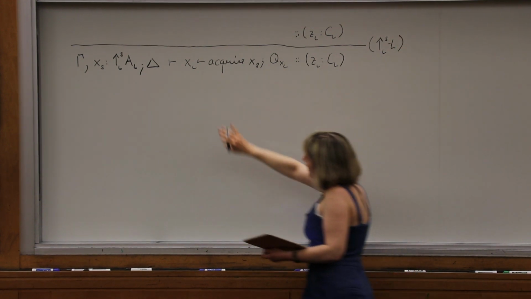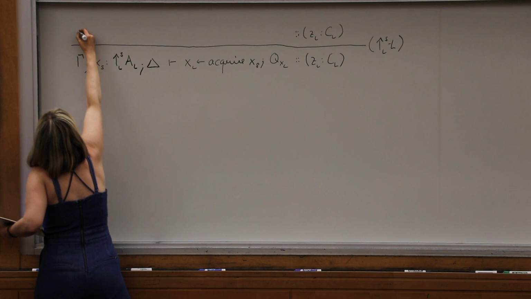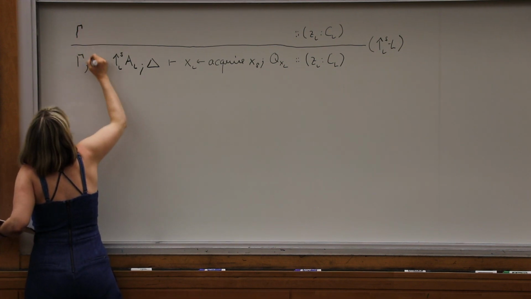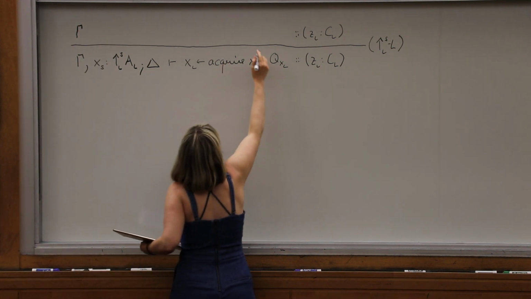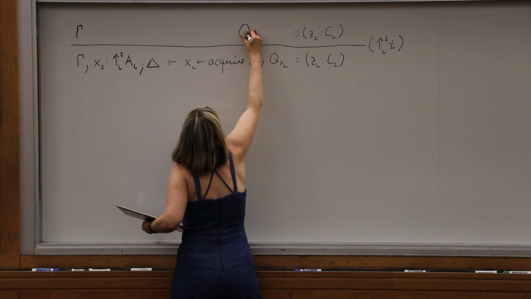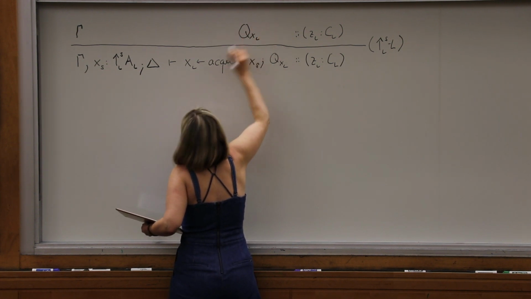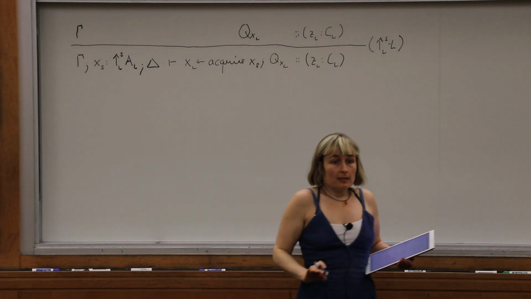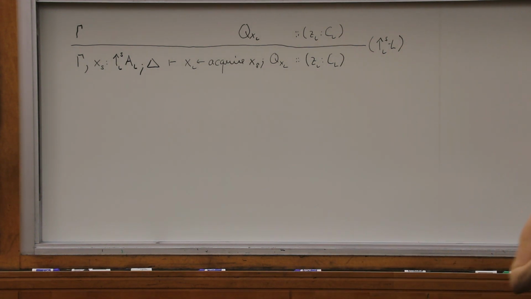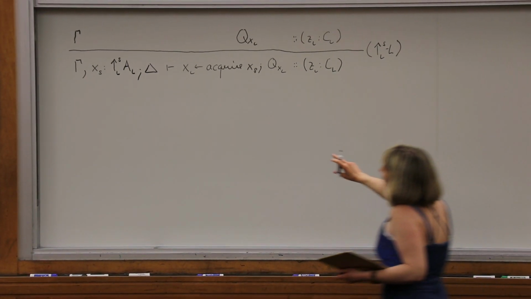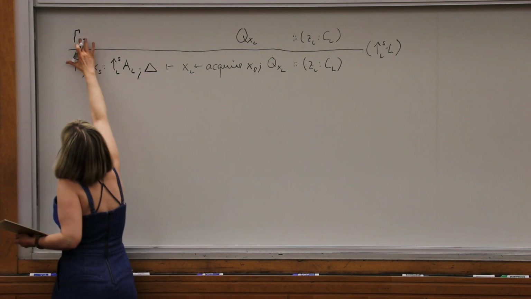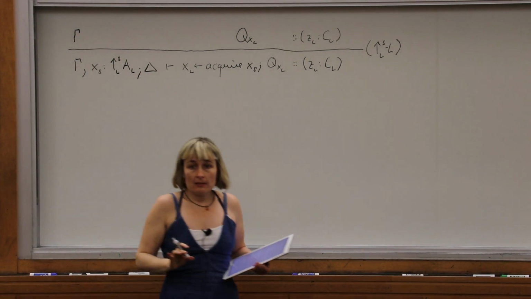All right. So, what am I going to write over here? And clearly in terms of the process term, we are now executing Q with X sub L. So what happens here? What do we have in our shared context?